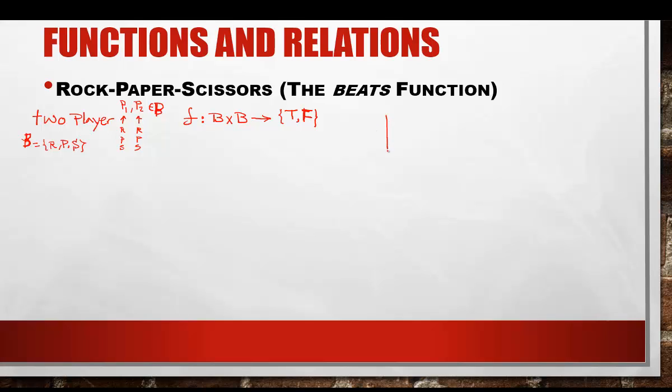It's relatively easy. Since I have a cross product in my domain, I will have a table, a tabular format, for the elements that player number 1 chooses and the element that player number 2 chooses. My domain is B cross B, so I'm going to have rock, paper, and scissors choices for one player, and rock, paper, and scissors for the other player.